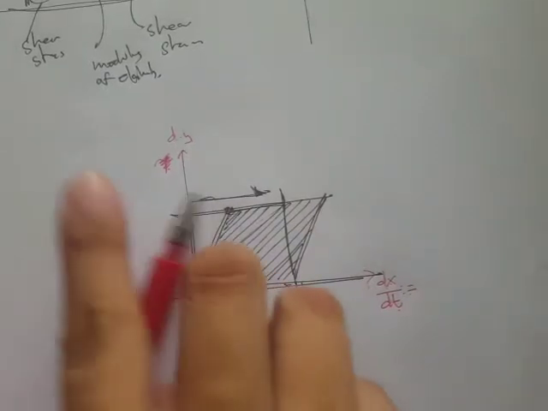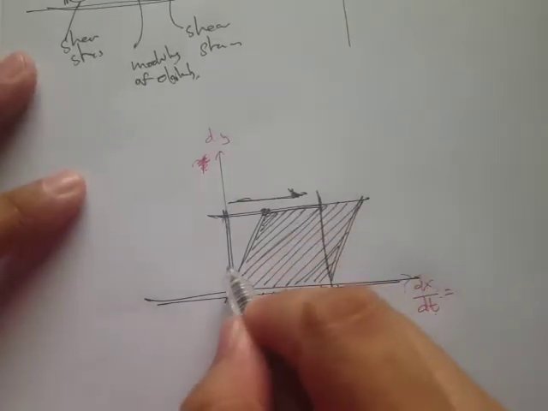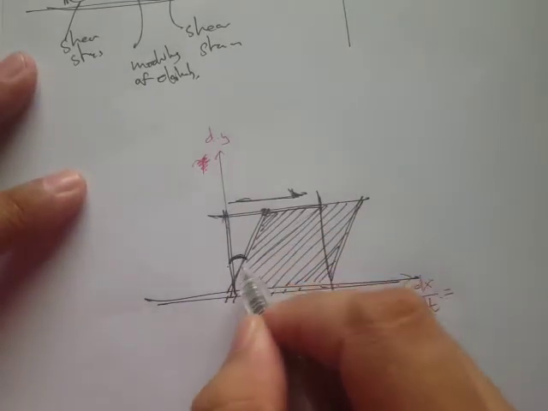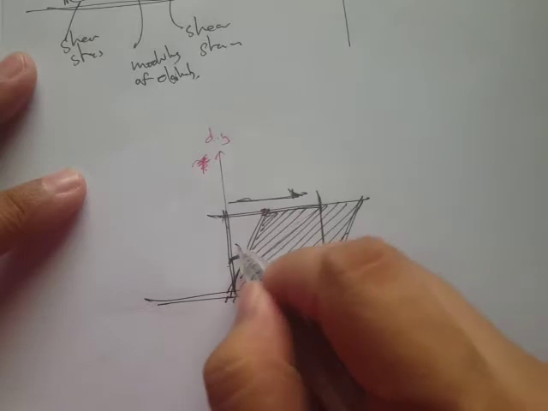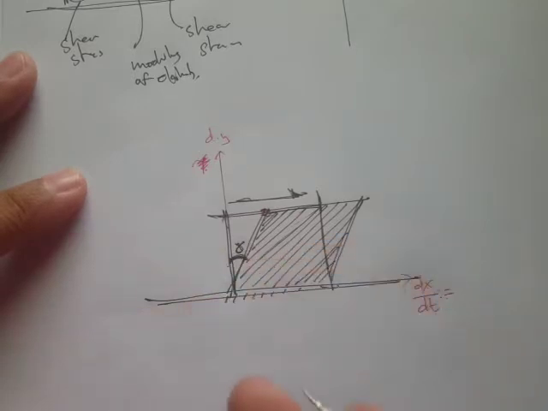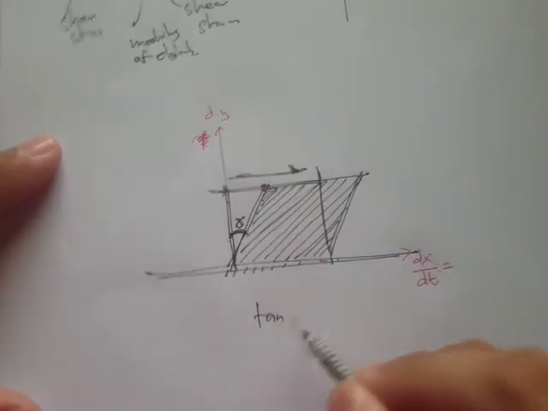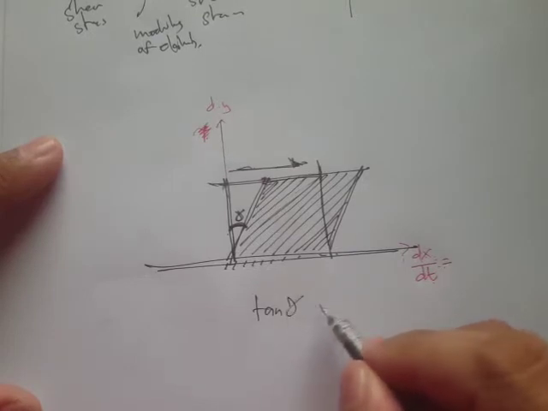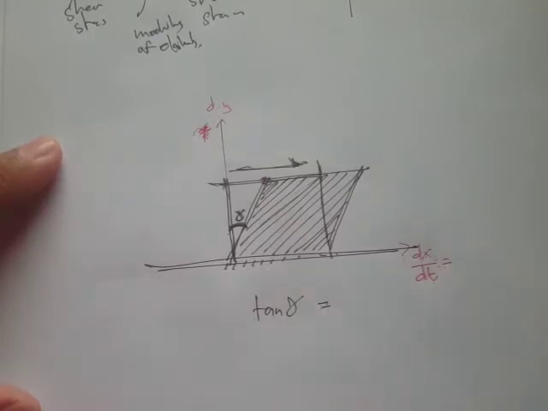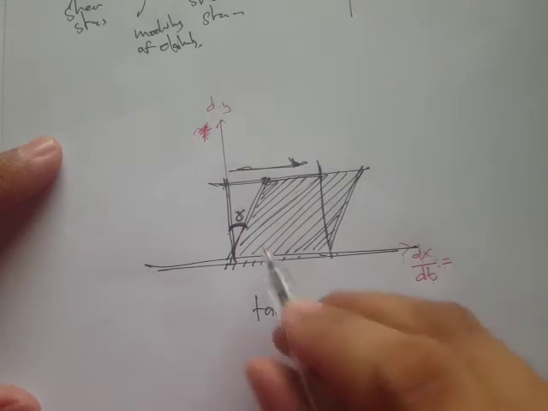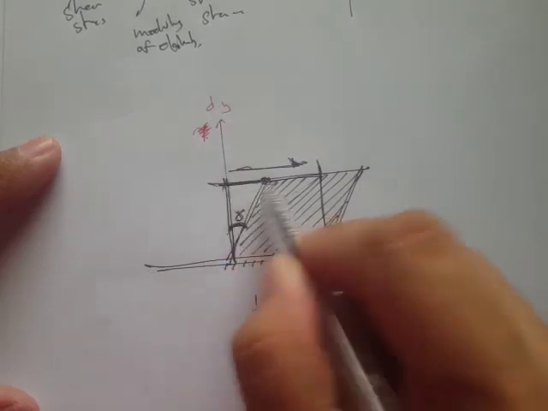So now the shear strain can be based on this. Actually, it can be based on this angular deformation. But of course, we know the trigonometric relationship is that theta is just equal to this one. What is this?